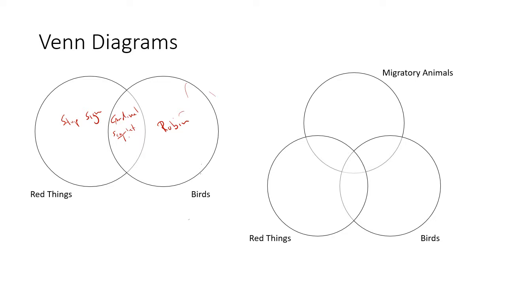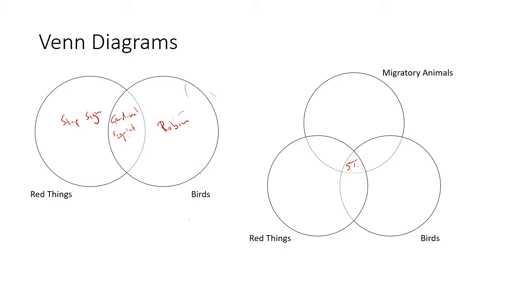You're not the thing. So here you can see that all three circles overlap in the middle. That would represent being all three. So right in the middle, you would be a red thing that is a migratory animal and that is a bird. And if you want an example of that, that's the scarlet tanager.